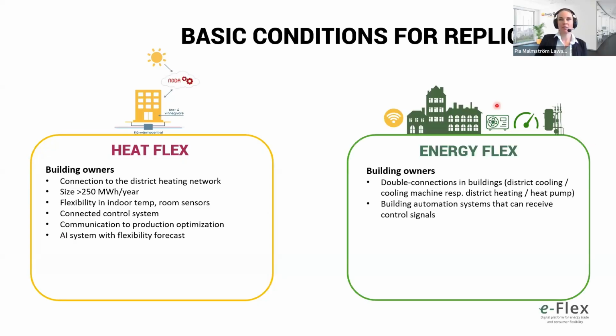And for the energy flex, there has to be a double connection in the buildings, either district cooling or a cooling machine, or district heating or a heat pump. It also needs a building automation system that can receive these control signals for what to use and when to use it.